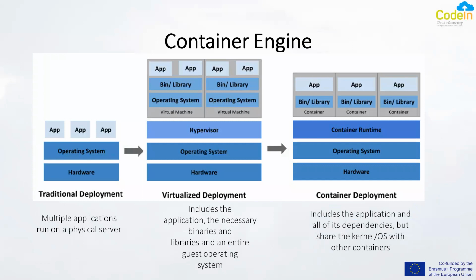Early on, organizations ran applications on physical servers. Unfortunately, there was no way to define resource boundaries for applications in a physical server, and this caused resource allocation issues. As a solution, virtualization was introduced.